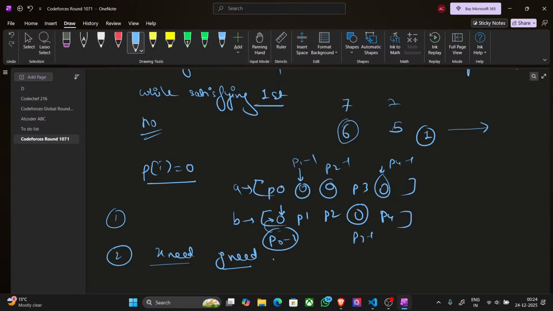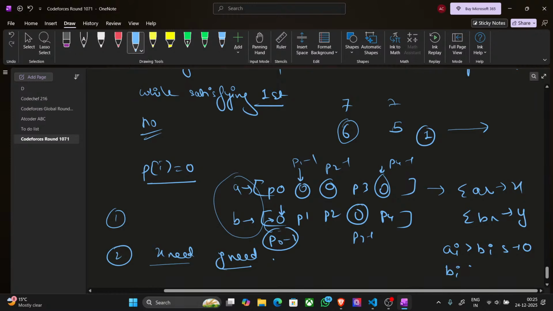After putting this you will check if these arrays satisfy the property: summation of array A as x and summation of array B as y, and for each i, ai should be greater than bi if s is 0, and bi is greater than ai if s is 1.